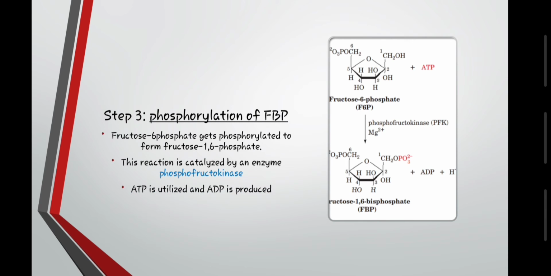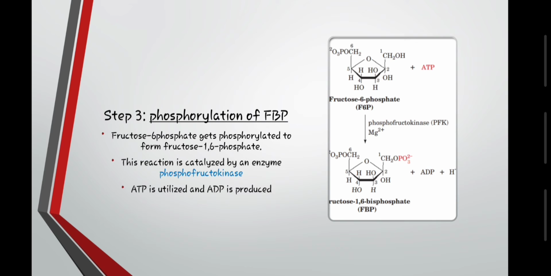And this process is followed by another phosphorylation of this molecule. So you are phosphorylating fructose 6-phosphate. Now since the ATP is providing a phosphoryl group, this phosphoryl group will be attached to carbon number 1 of the fructose 6-phosphate.